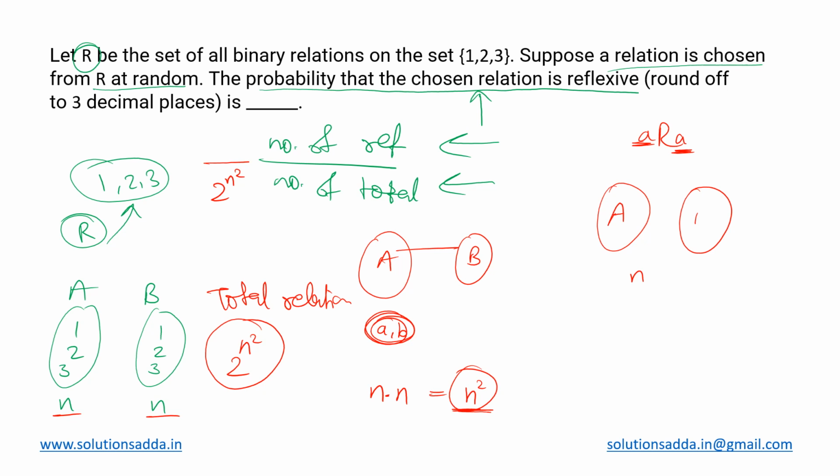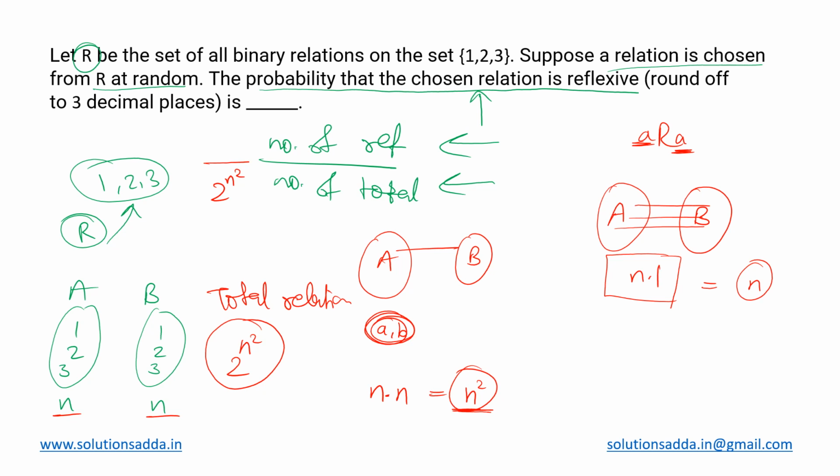And now coming to set B, we will not have any choice. If you have picked up, let us say, 5 from set A, then you will also have to pick up 5 itself from set B, which means there is just a single choice. So n into 1 equal to n gives us the number of reflexive pairs.